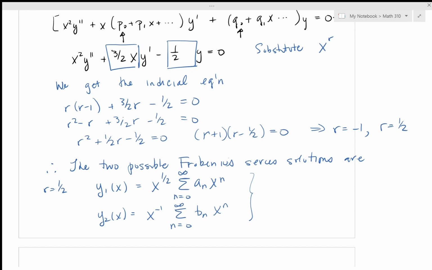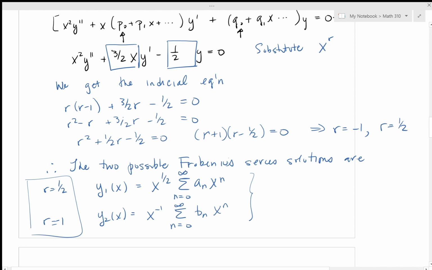In this case, I've gone through as requested and found the values of r. I found two: this is the r equals -1 solution, and this is the r equals 1/2 solution.